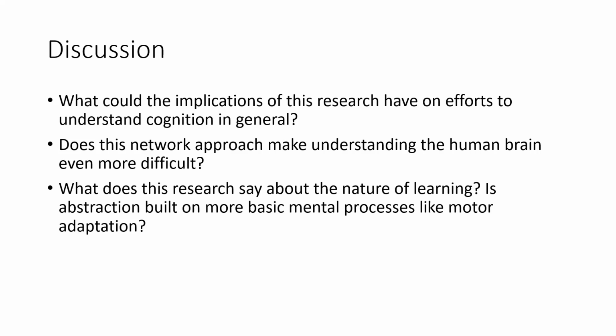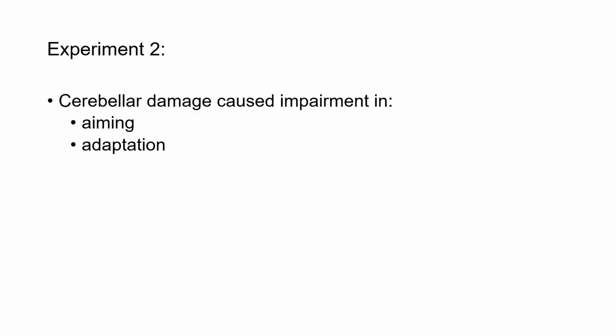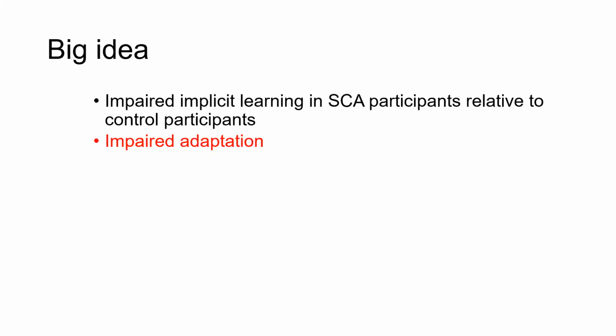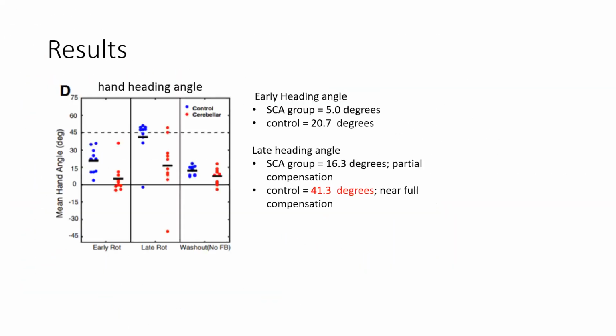And just closing us off, I have some personal thoughts. If we look back at experiment 1, we see that the change in aiming location doesn't account for the total change in behavior.